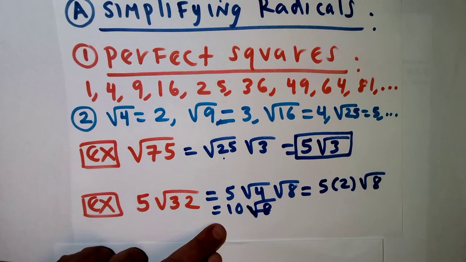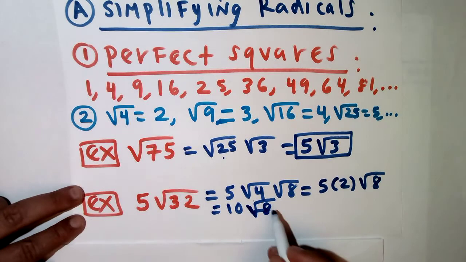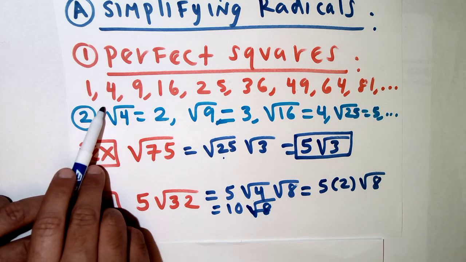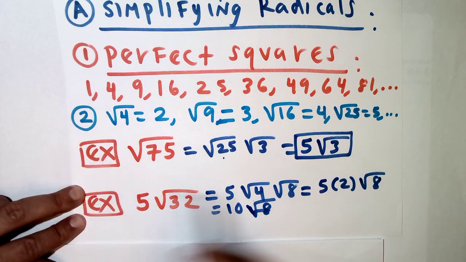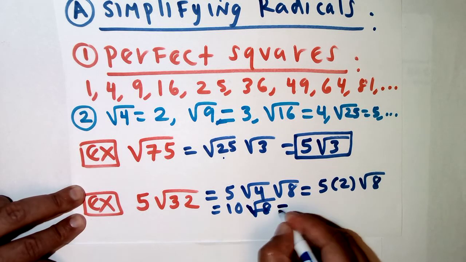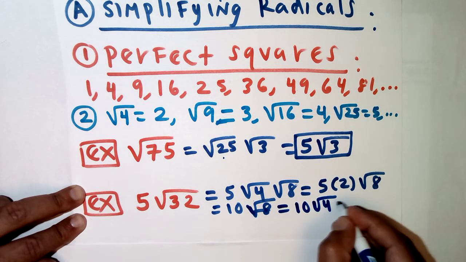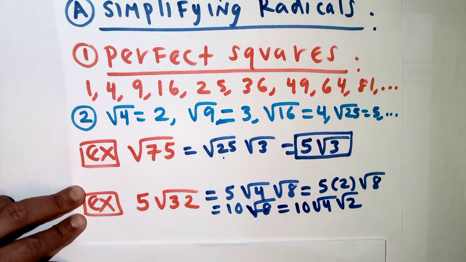But now, if you notice, this is not simplified completely. The reason is that you see 8 inside the radical, and it still has a number from this family, which is 4. So you need to keep going and say 10 times the radical of 4 times the radical of 2, because 4 times 2 is 8, and 4 is also a perfect square.